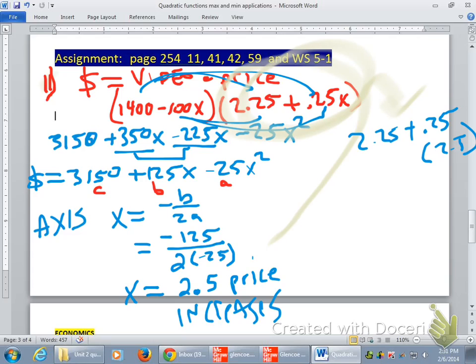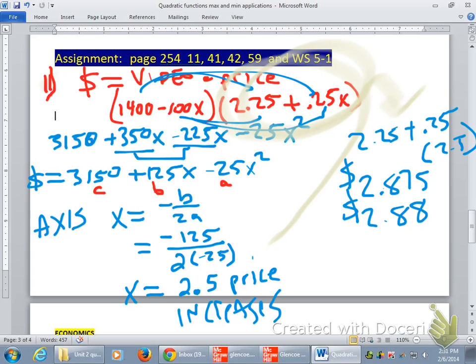It's 0.25 times 2.5. Okay, and then add it to the 2.25. So the final is 2.875. Well, wait a second. This is money. I can't leave it like that. 2.88, $2.88.